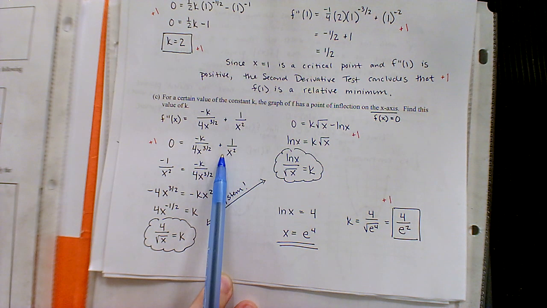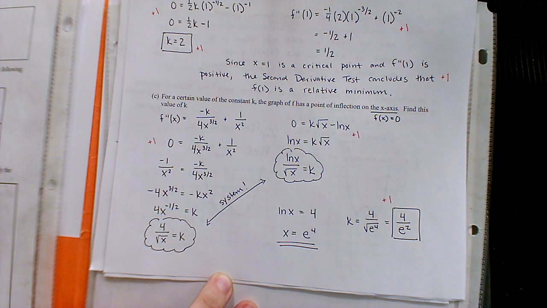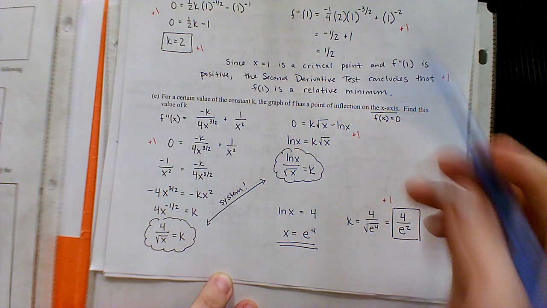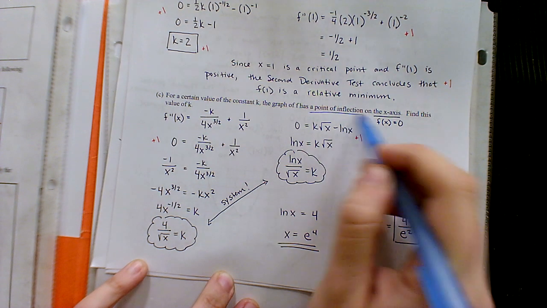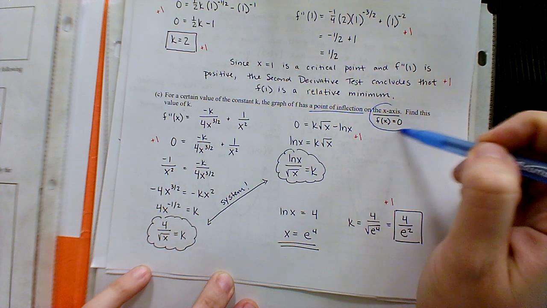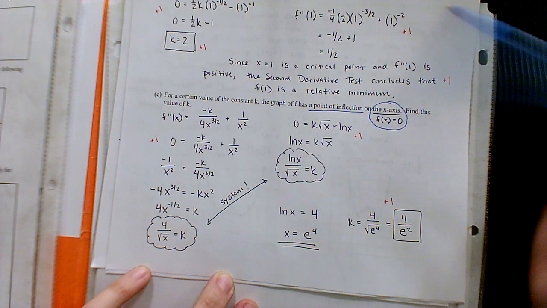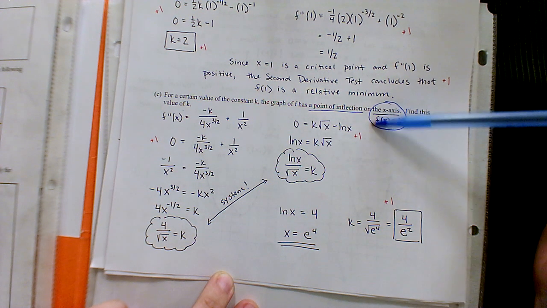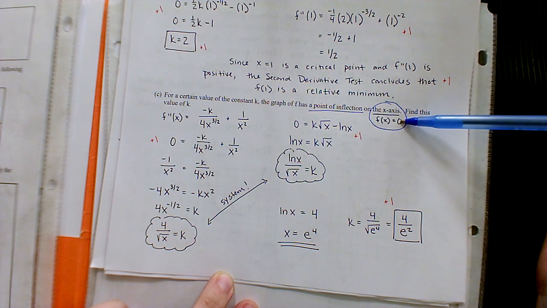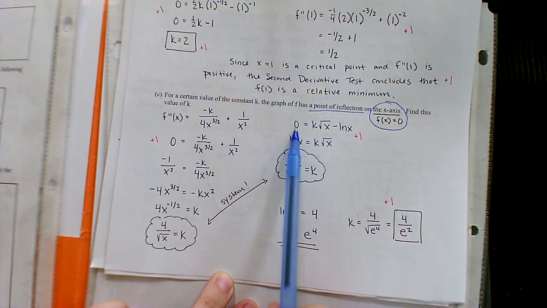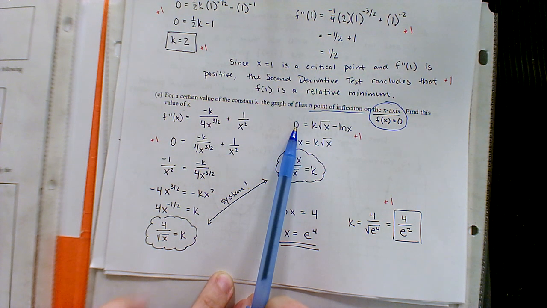So you know you're going to have to set up a system, if you will, to help you solve for k, because that's what they want us to do. So I took this information and wrote one equation, and then I took this information and wrote another one. So if you want it to be on the x-axis, you know the original function has a y value of 0. So I took the original function from the top and set that equal to 0.